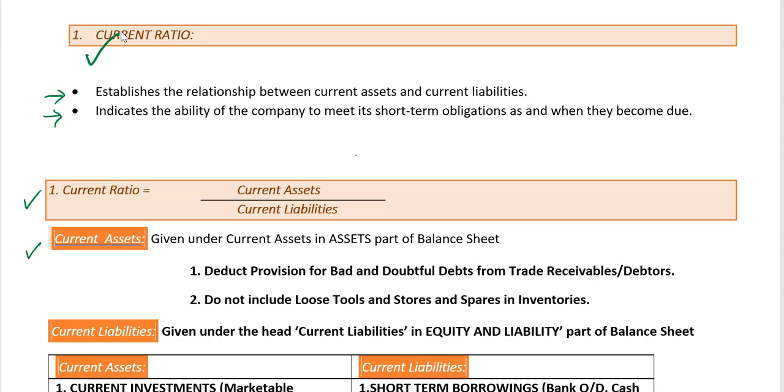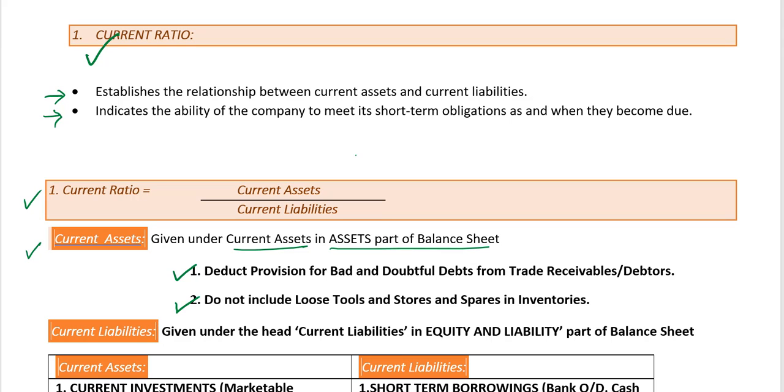How do we arrive at the current assets? We need to take all the current assets in the asset part of the balance sheet. Please remember, we need to deduct provision for bad and doubtful debts from the trade receivables or the debtors.